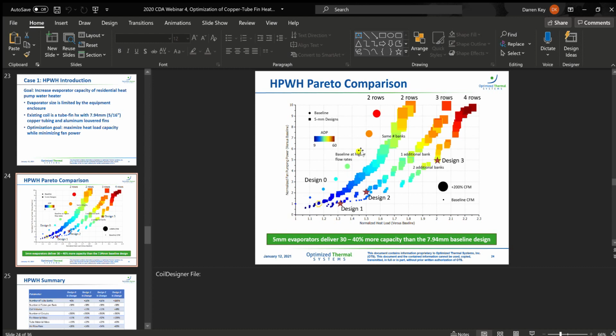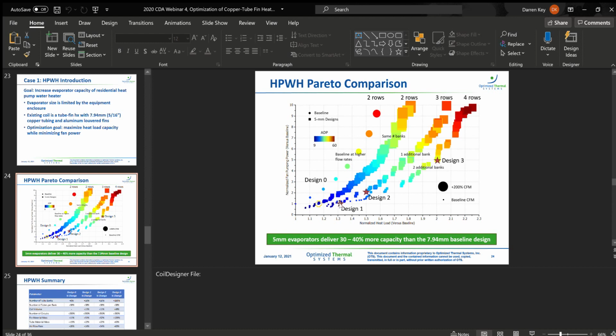With the optimization tools, we optimized a 2-row design, 3-row design, and a 4-row design. And OTS took a closer look at 3 of those hundreds of designs that were generated, design 1, 2, and 3. Each of those represent the optimized design for those particular parameters. So this first one was selected. It has the same fan pumping power.